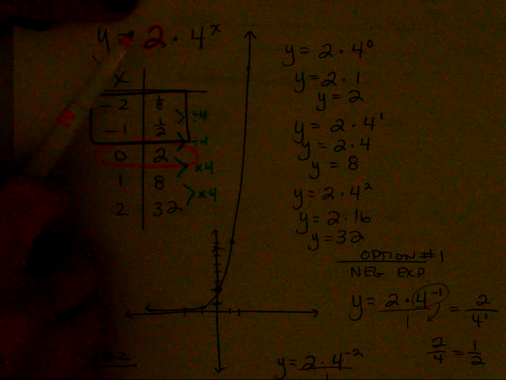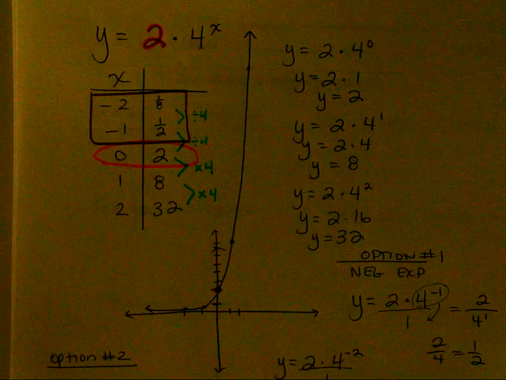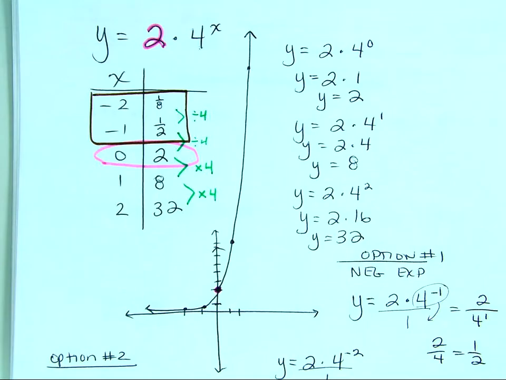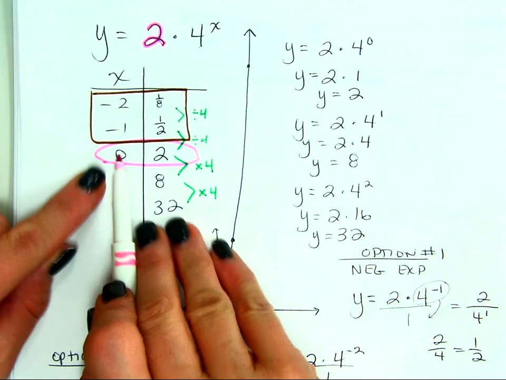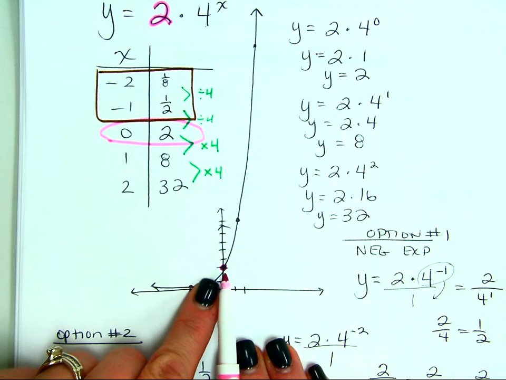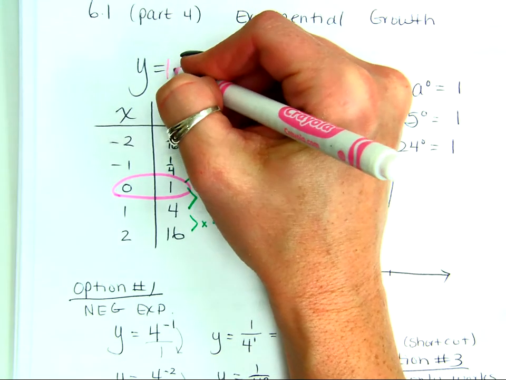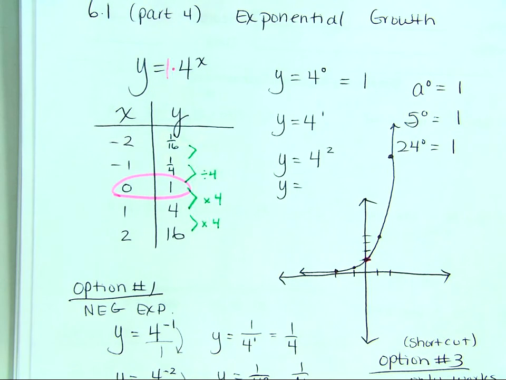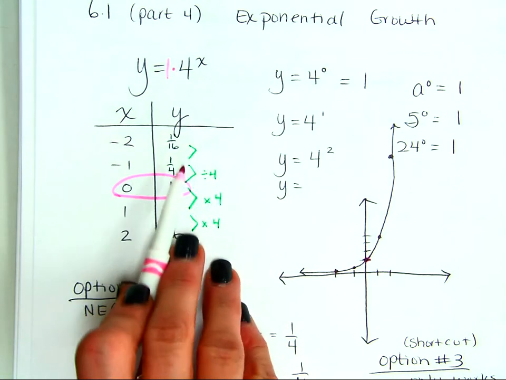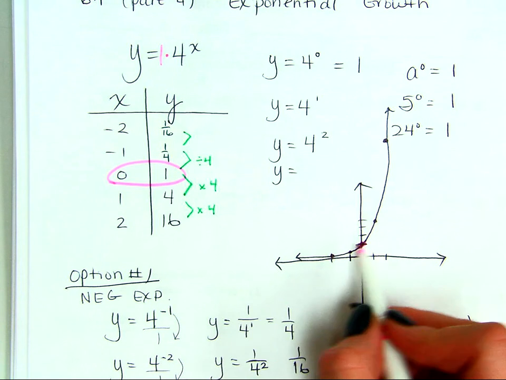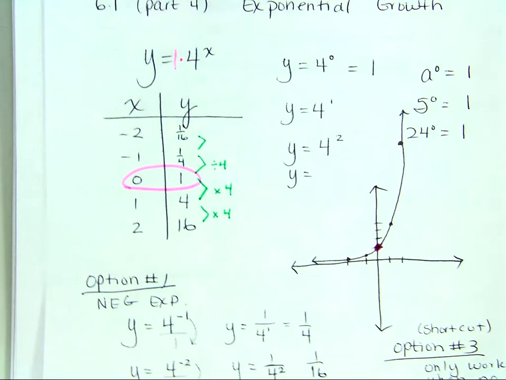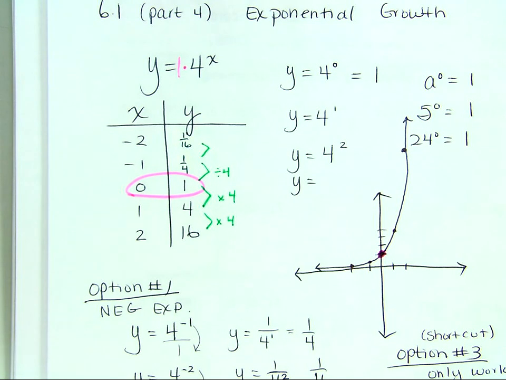This number in front is going to be essentially your 0 value, which is going to be your y-intercept, every single time. Let's go back and look at that. What number was really in front? Wasn't that really 1 times 4 to the x? So there's my 1, there's my 1, there's my 1. So make that connection. This is all about making connections. Okay, we're going to move on to exponential decay next.